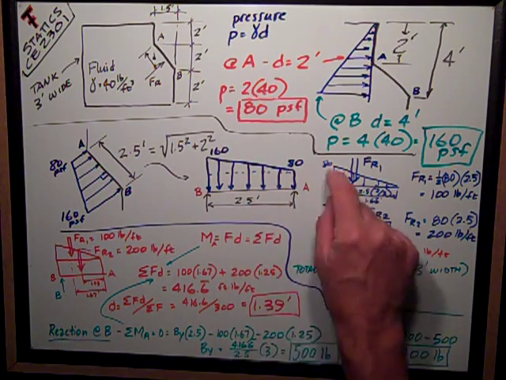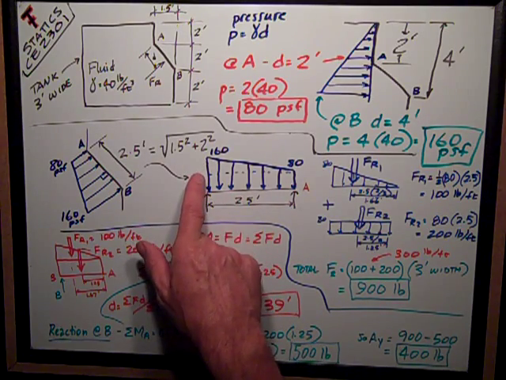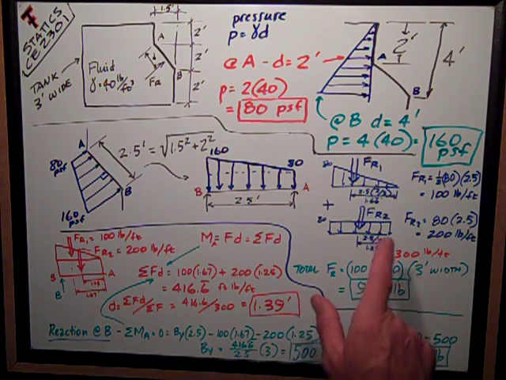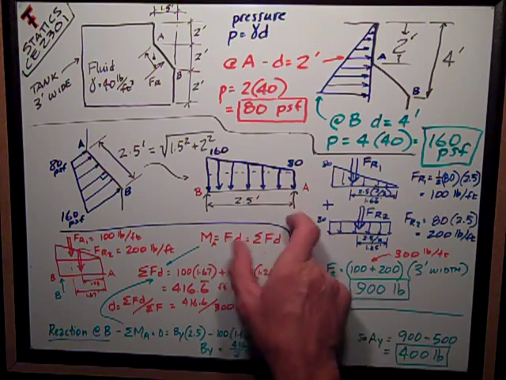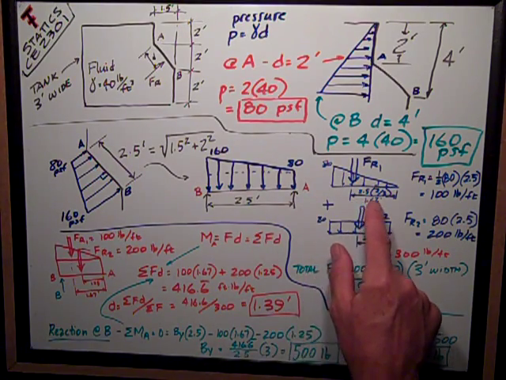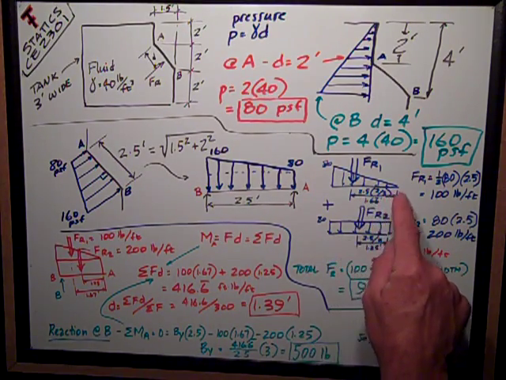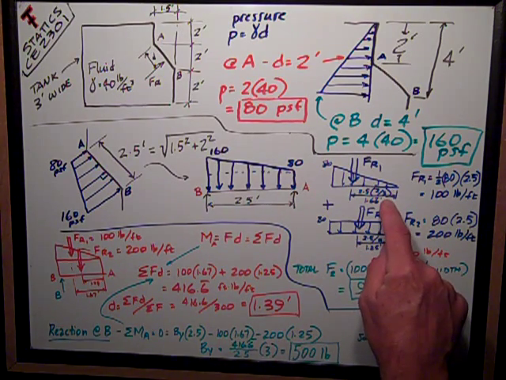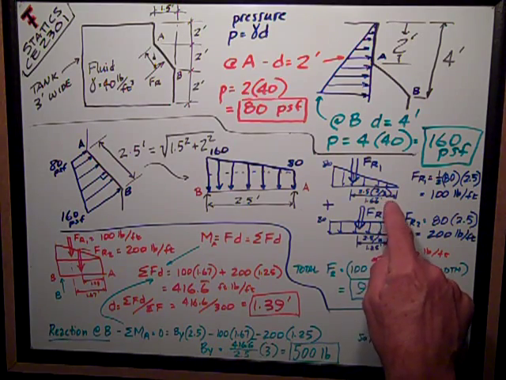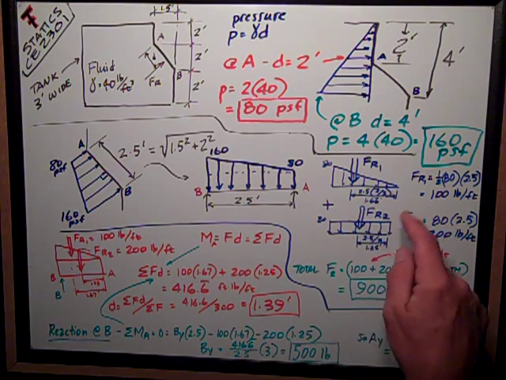This triangle has a height of 80, which is 160 minus 80. Its length is 2.5 feet, and its centroid is 2/3 from the tip of the triangle, 1.66 repeating feet from the right.